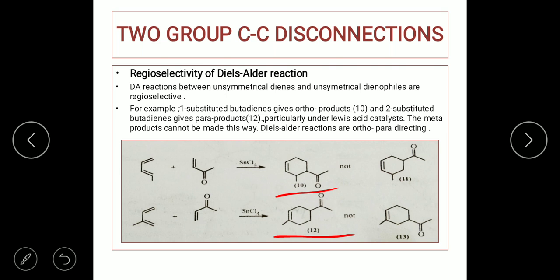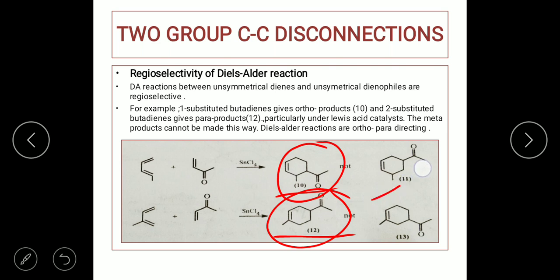The meta products cannot be made this way because Diels-Alder reactions are ortho-para directing. So you only obtain an ortho product of this kind, or a para product, 12. 10 is an ortho product and 12 is a para product.